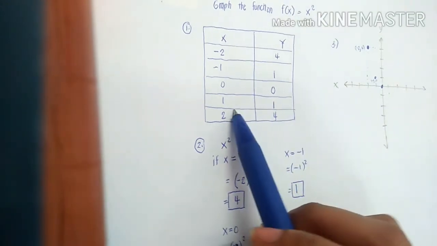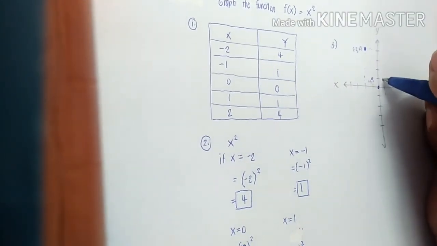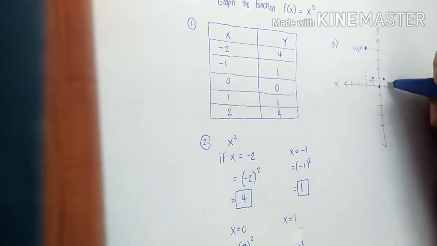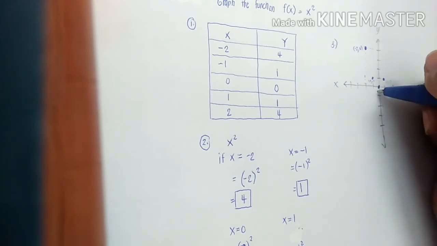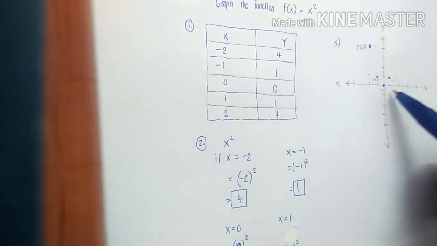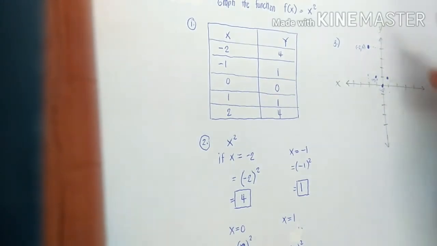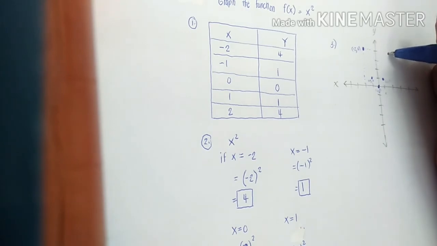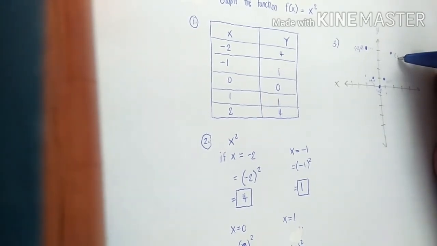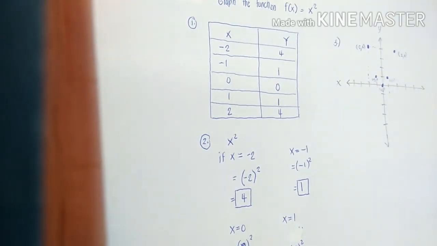Next, 1 and 1, positive and positive. And then 2 and 4: 1, 2, then 1, 2, 3, 4. Then we're done with plotting.